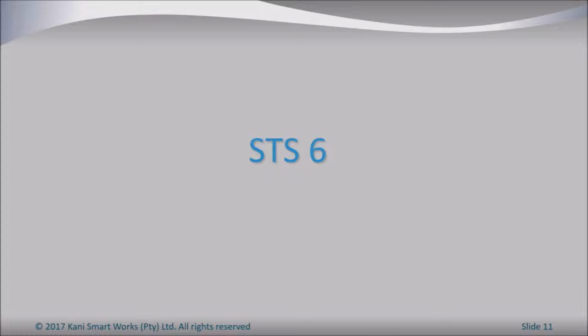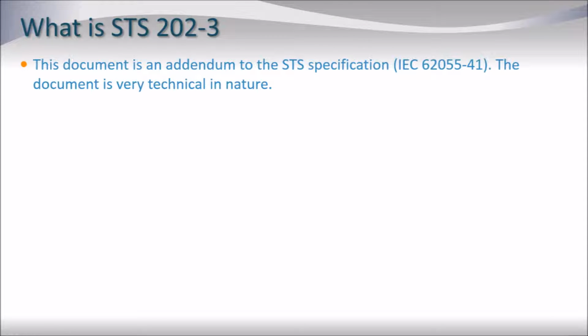So let's now have a look at what the STS 6 features are. The STS 6 features are broadly covered in another document by the STS Association called STS 202-3. This document is an addendum to the STS specification, which is an IEC specification, but the document is very technical in nature.